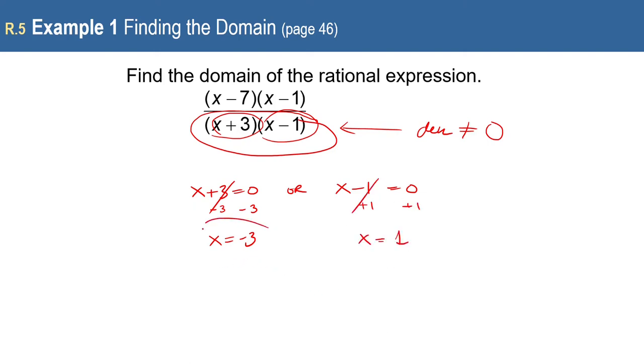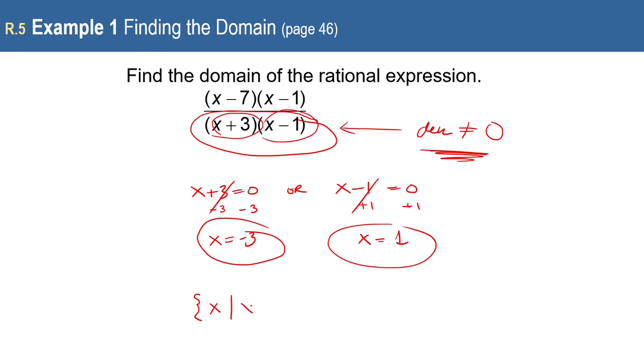So we have two values that cannot happen because the denominator cannot be equal to 0. So our solution for this is the domain is x such that x is not equal to 1 or negative 3. So that's our domain, all of the values of x except 1 and negative 3.